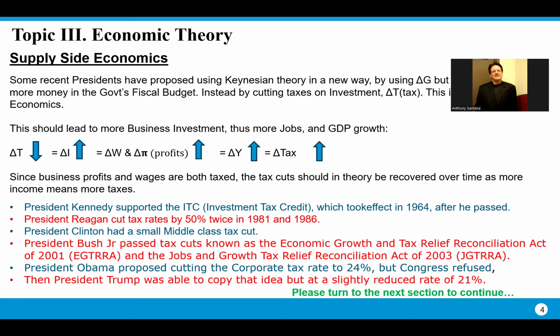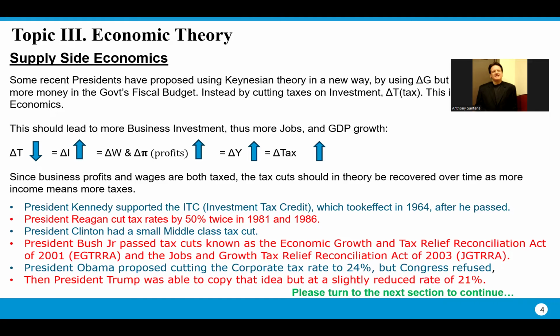So this takes the idea of Keynesian theory, more government spending in a way, but without actually spending money, but providing more money to business through tax cuts. When the government cuts taxes, that's a form of spending, actually, because they're losing money.